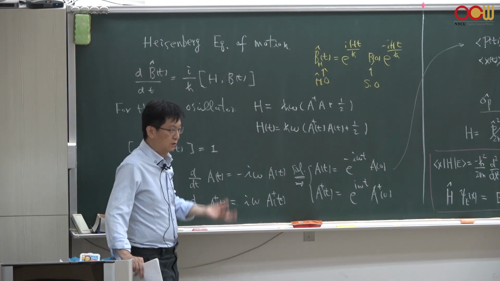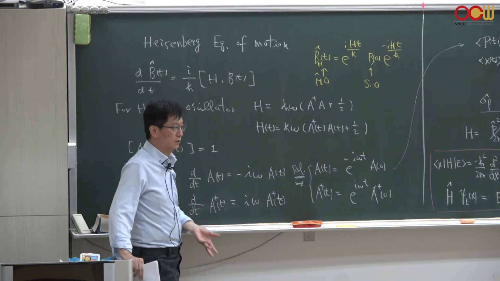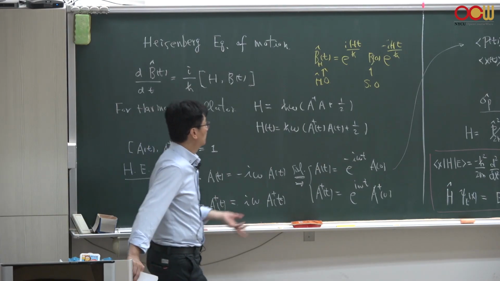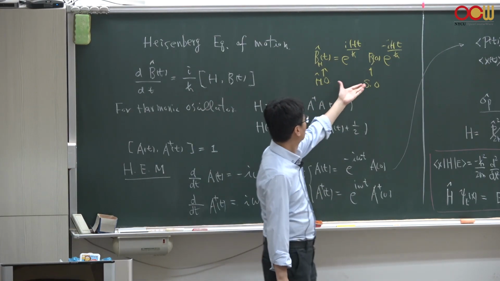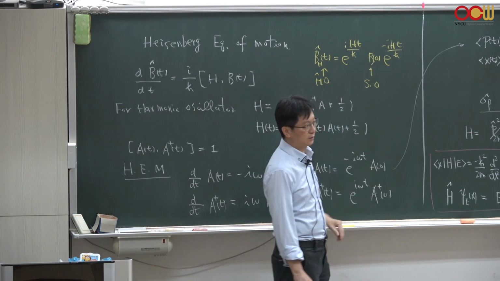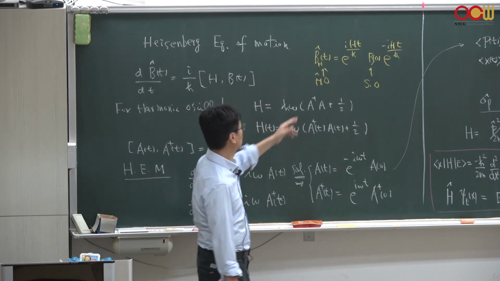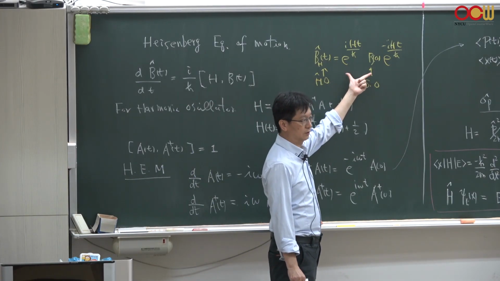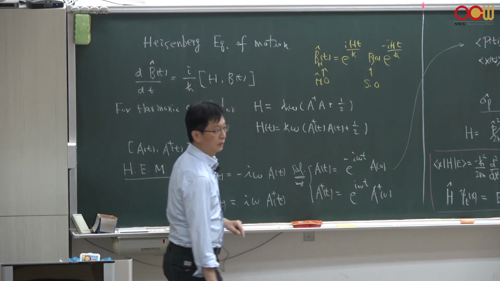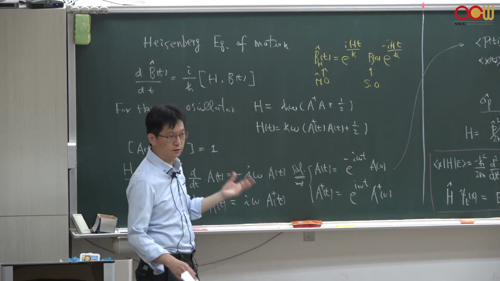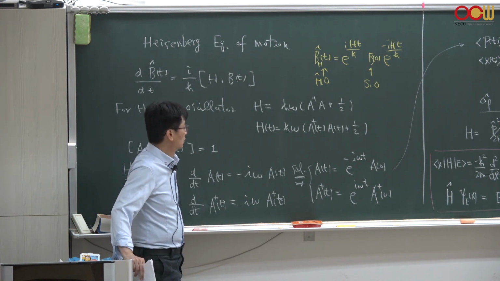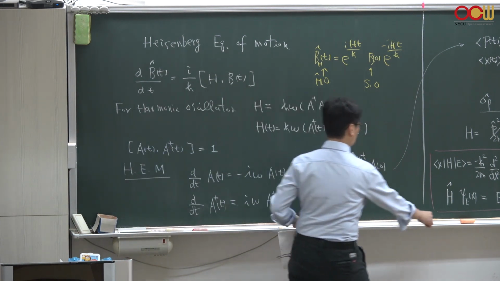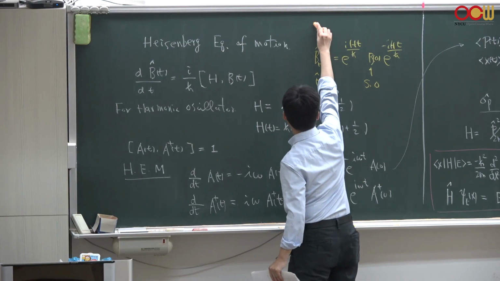Instead of time-evolving the states, we time-evolve the operator. So we can equally well describe this expectation value. Suppose we define such an operator in the Heisenberg picture; whether we time-evolve the state or the operator, we will get the same result when we evaluate this expectation value.